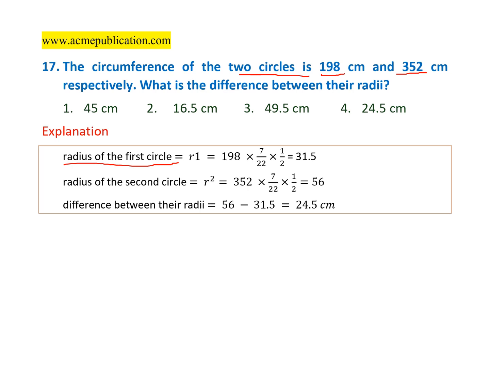Radius of the first circle is 31.5 centimeter and the radius of the second circle is 56 centimeters. So the difference between the radius is 56 minus 31.5 and that is 24.5 centimeter.